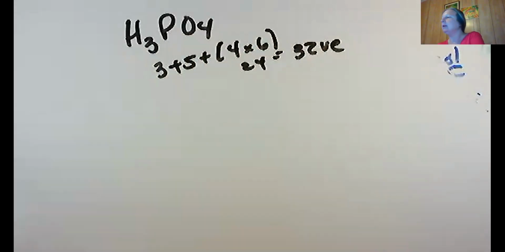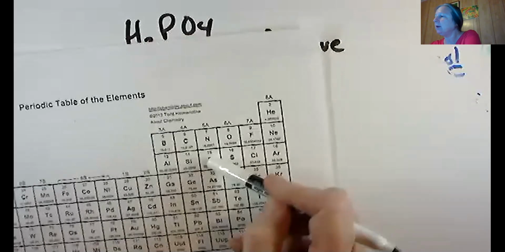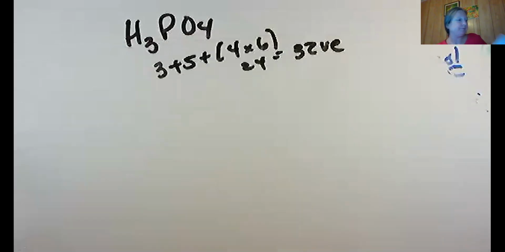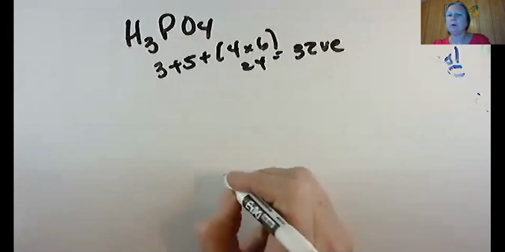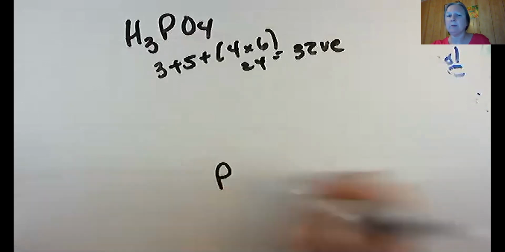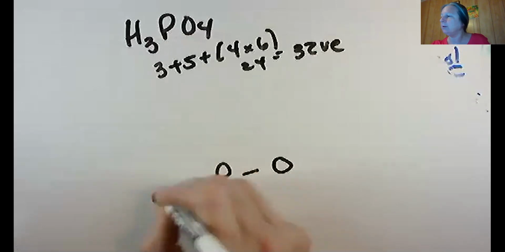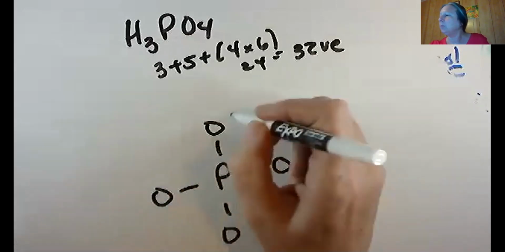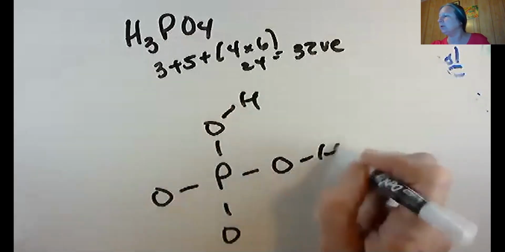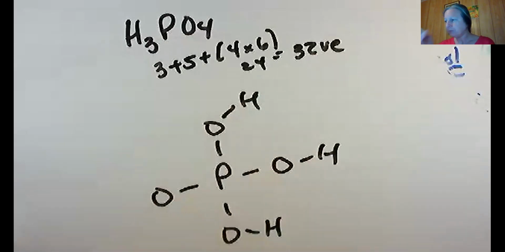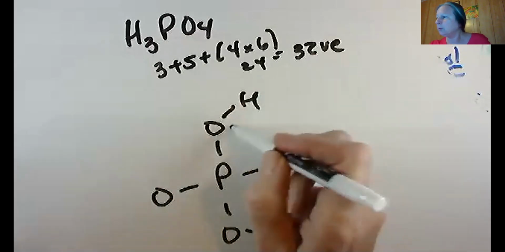Phosphorus is here. It's less electronegative than oxygen. Most things are. So it's going to be my center atom. I'm going to put an oxygen around each side. I'm putting the hydrogens on the oxygens because I know that's where they go. Okay, let's put our dots.